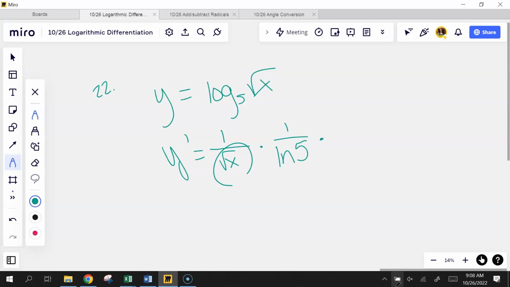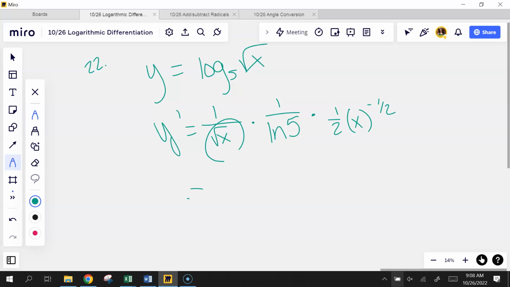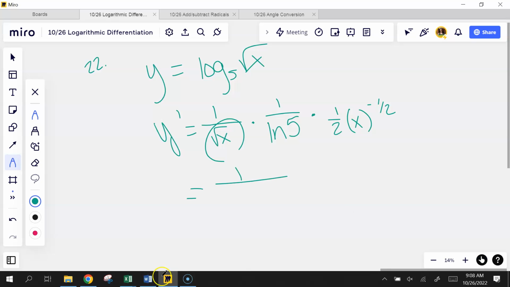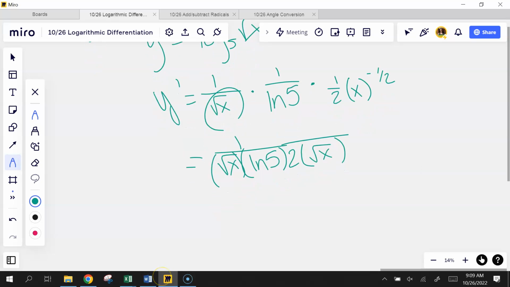So I'm looking for the derivative of this, which is 1/2 x to the negative 1/2. Looks like everything's going to be in the bottom. 1 over, I've got square root of x, log 5. I'm just going to write it this way so you see everything. 2 square root of x again. So we'll put together what goes together. Square root of x and square root of x become x. There's just 1 over 2x.